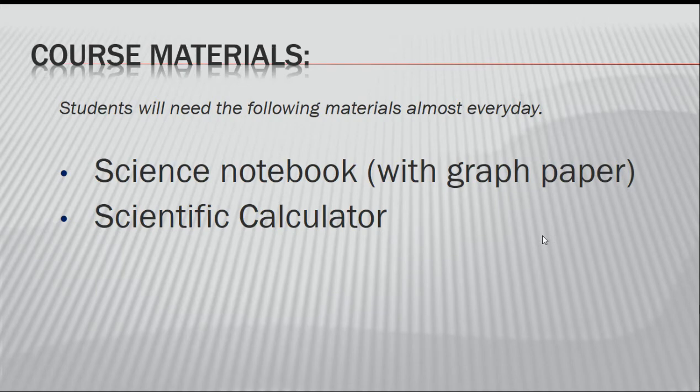You're going to need a scientific calculator. Now, I'm fine with you using an application on your phone for your calculator. If and when we go back to in-person learning, you will need an actual scientific calculator. But I'm not going to stop you at home from using an application. Just make sure you can use scientific notation on there.